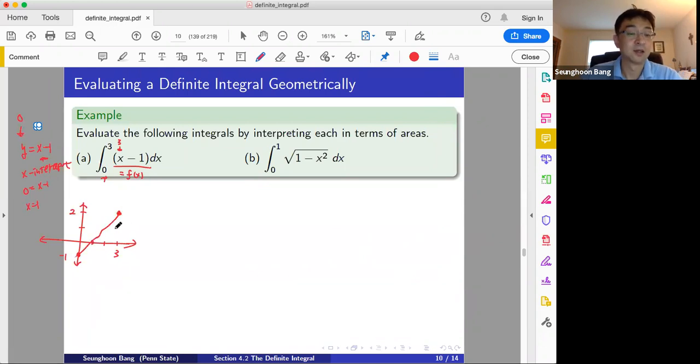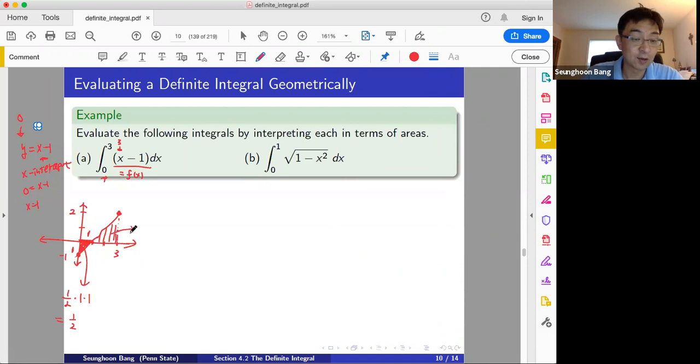So like this. So 1, 2, 3. What's that? Below the x-axis, this area. Above the x-axis, this area. What is the area below the x-axis? Here, this width is 1, length is 1. This is a right triangle. 1 over 2 times base times height, exactly 1 over 2.